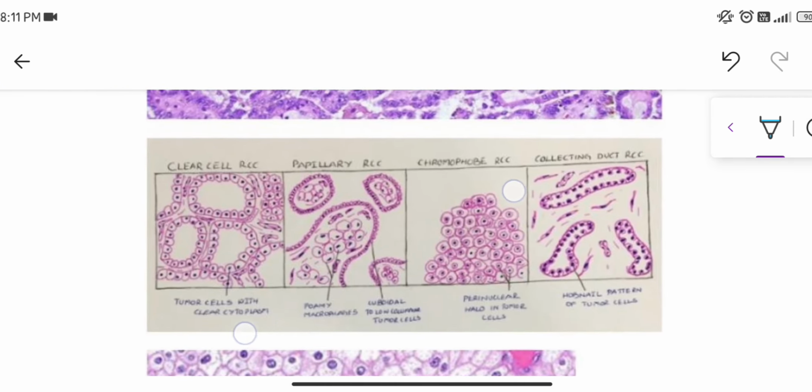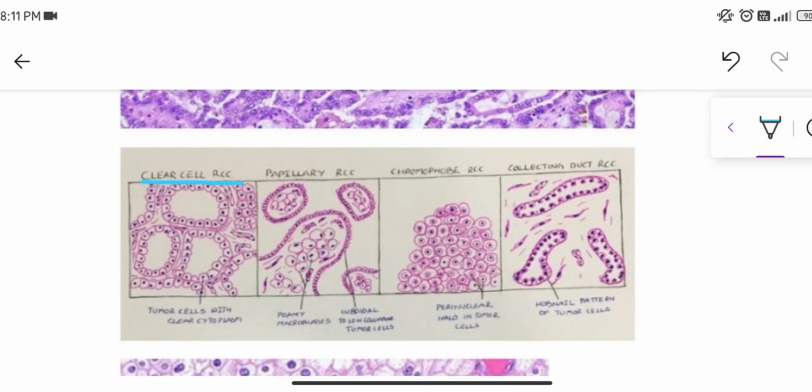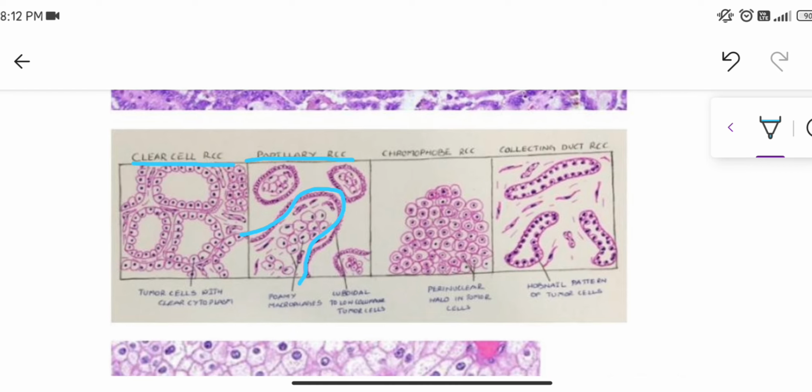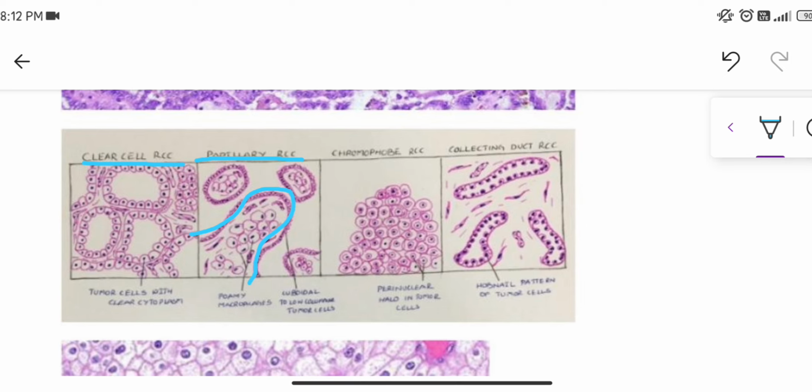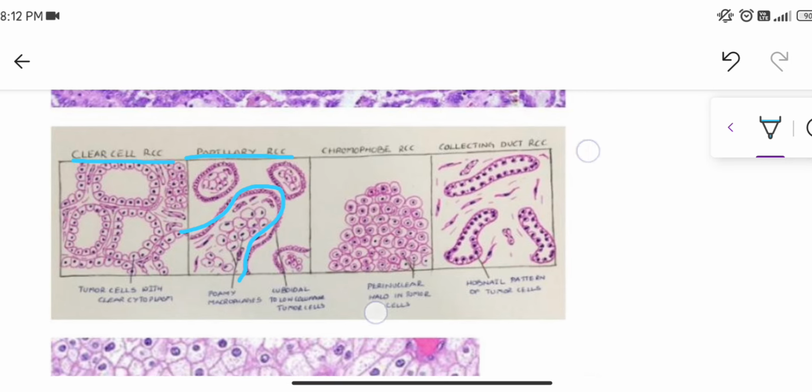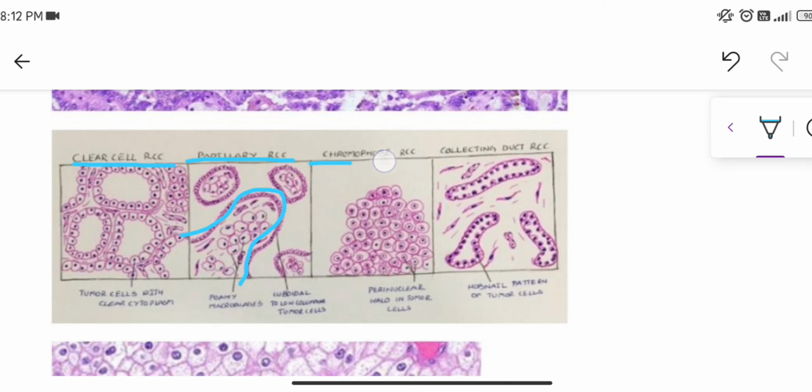You can see the finger like projections, lined with cuboidal to columnar tumor cells internally.